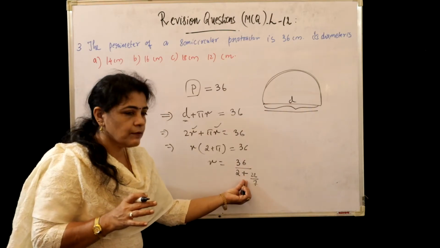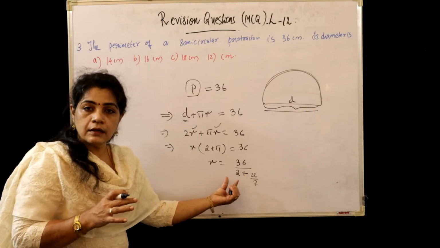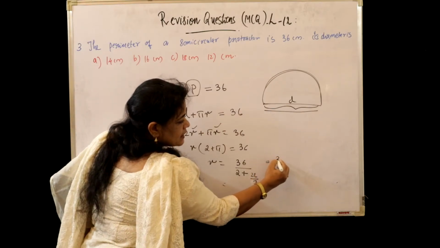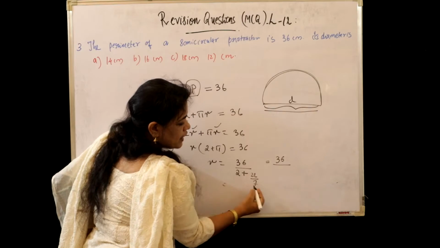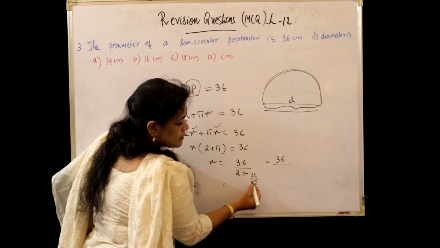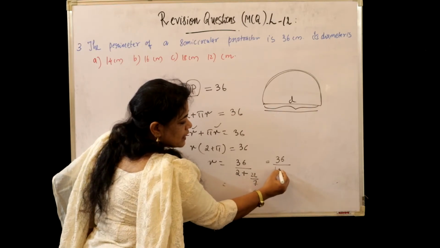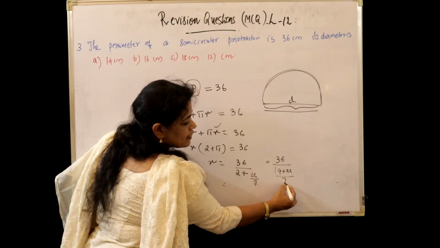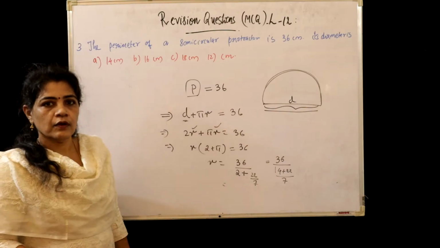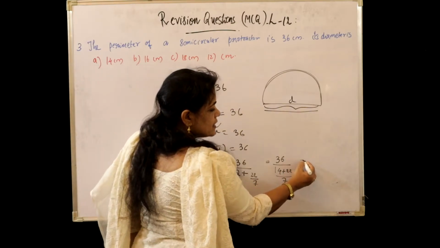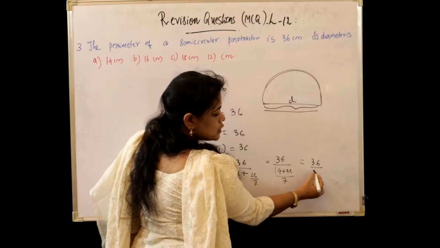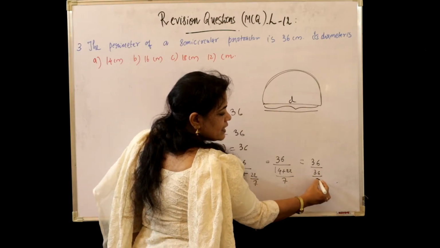Here they are connected by plus. You can take the LCM or cross multiply. That is, you will get 36 divided by (7 2s are 14 plus 22) whole divided by 7. Or you will get 36 divided by 14 plus 22, which is 36, divided by 7.